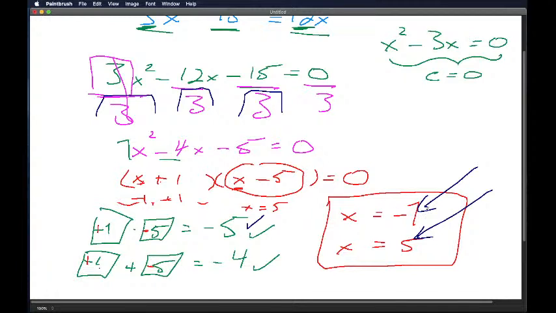But when I solve it, I need this x to be the opposite sign of this number here. So it's -1. And this x has to be the opposite sign of this one, so it's +5. Because this is -4 in here. So that has to make this -5 here.